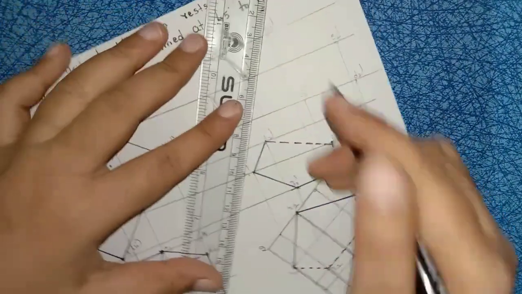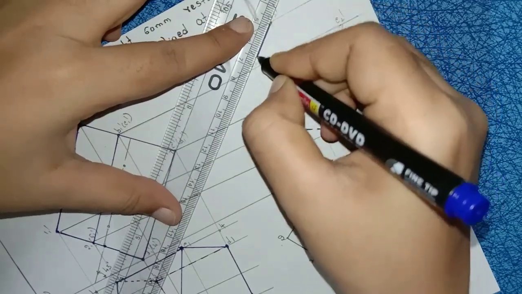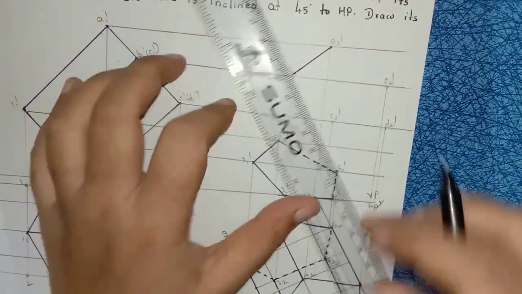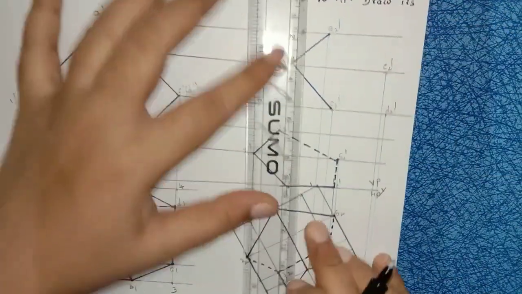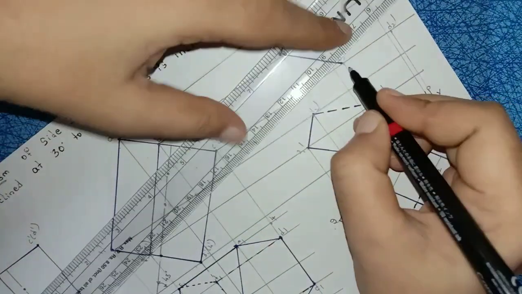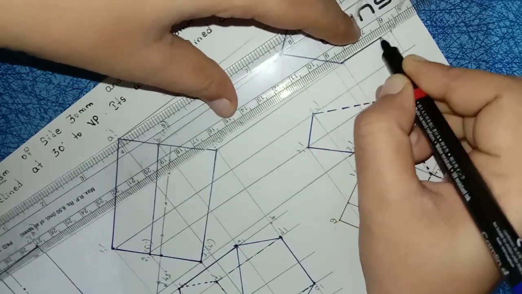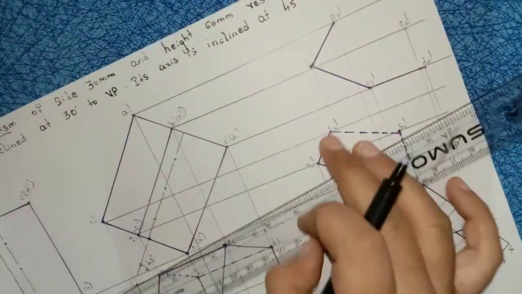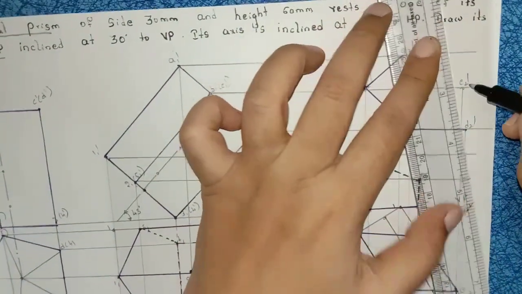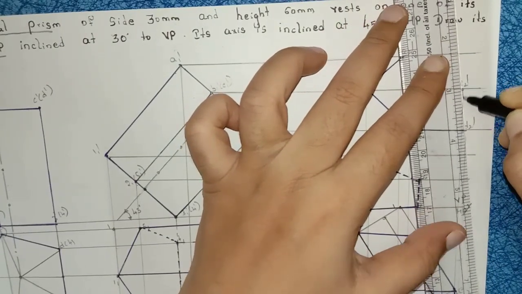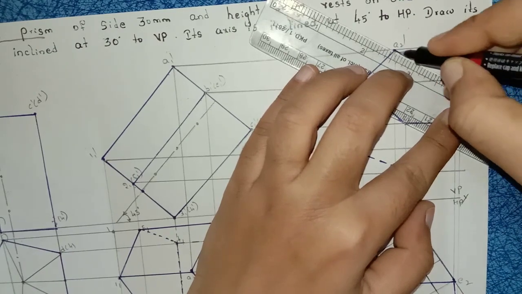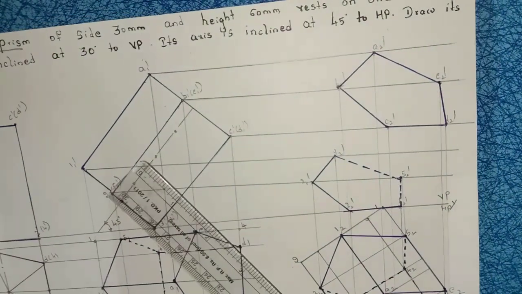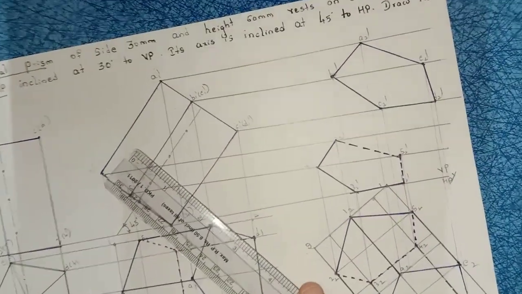Now join here A2 dash, B2 dash, B2 dash, C2 dash, right? C2 dash, D2 dash, right? D2 dash, E2 dash, and join here A2 dash, E2 dash, right? 1 2 3 4 5 is a pentagon, A B C D E is a pentagon, right?